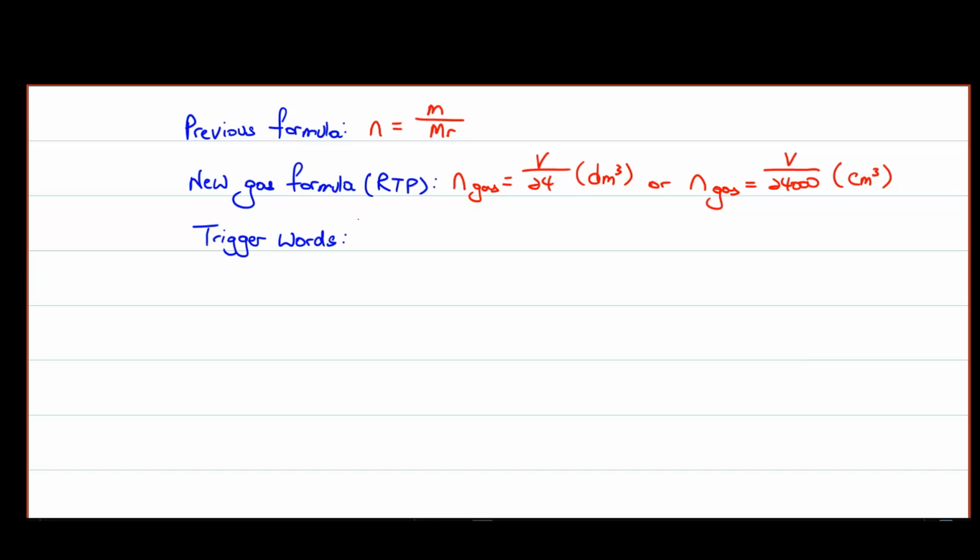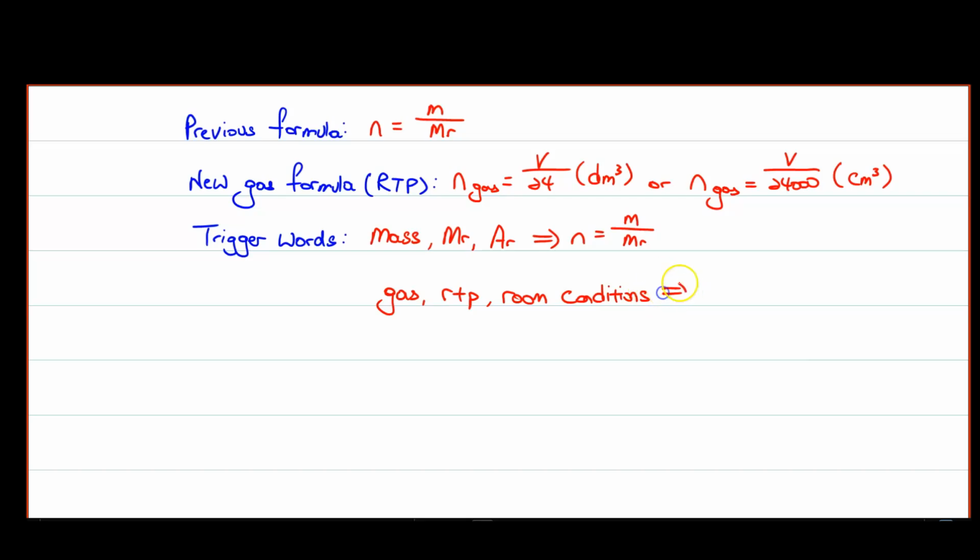The key idea is to recognize trigger words. If you see mass, MR, AR, you use the formula N equals M over MR. If you see gas, RTP, room conditions, it is an indication to you that the substance is a gas.